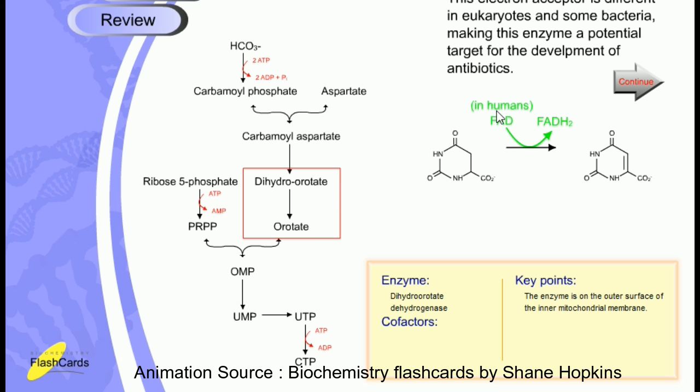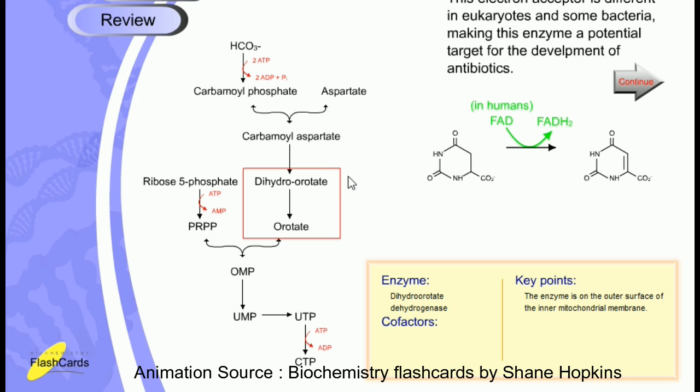FAD is present in high amount in humans, which carries that electron, and FAD is reduced to FADH2 to convert and rearrange dihydroorotate to orotate. A simple rearrangement. As FAD and electron transfer is going on, we know that if FAD or NAD is linked with any enzymatic reaction, a dehydrogenase enzyme plays an important role. Exactly the same thing here. The enzyme involved in this process is known as dihydroorotate dehydrogenase.